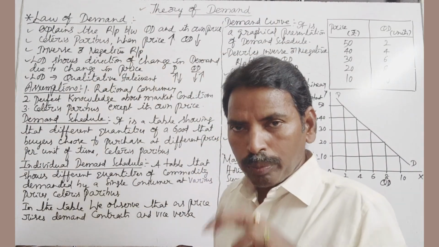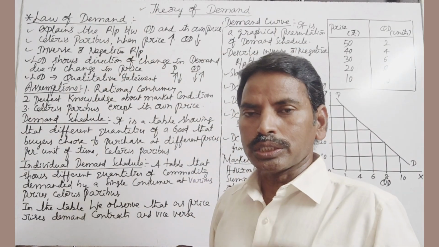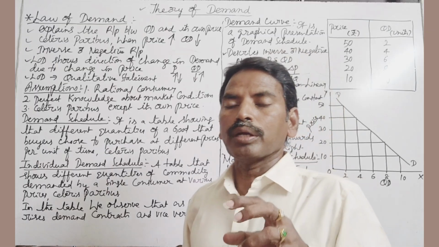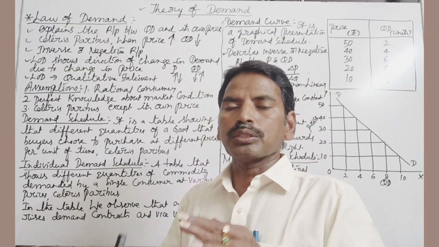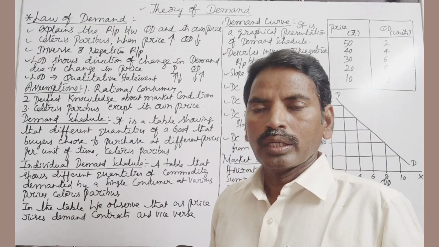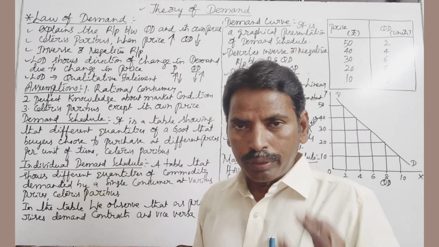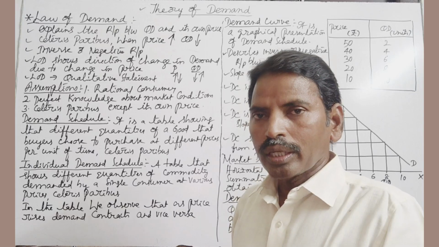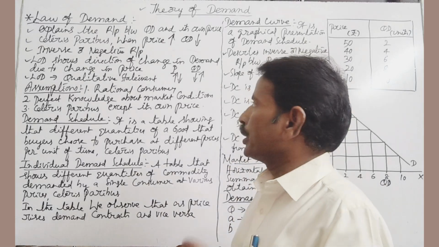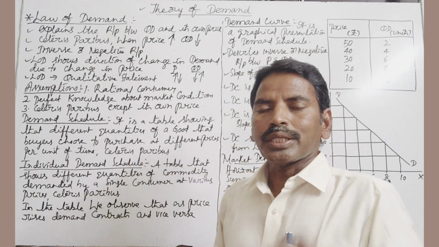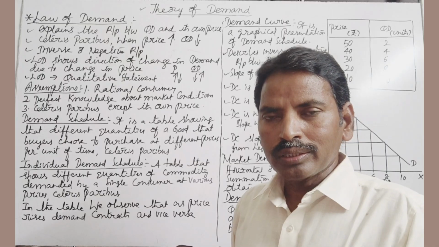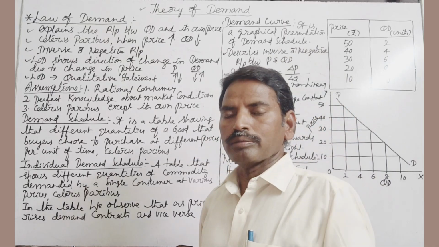Law of demand explains functional relationship between quantity demand of a commodity and its own price. Ceteris paribus, that means other things being equal.